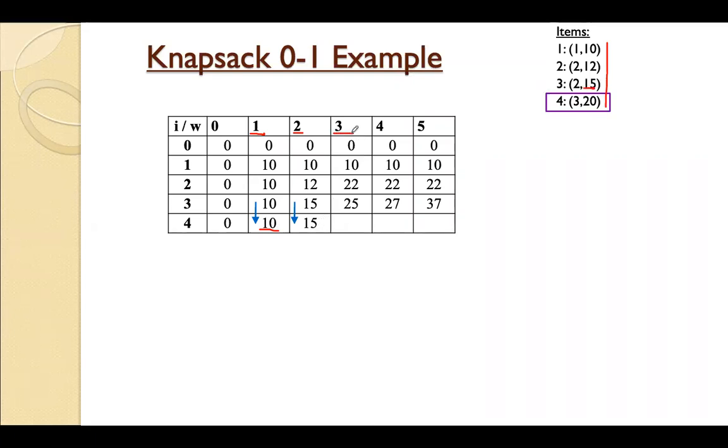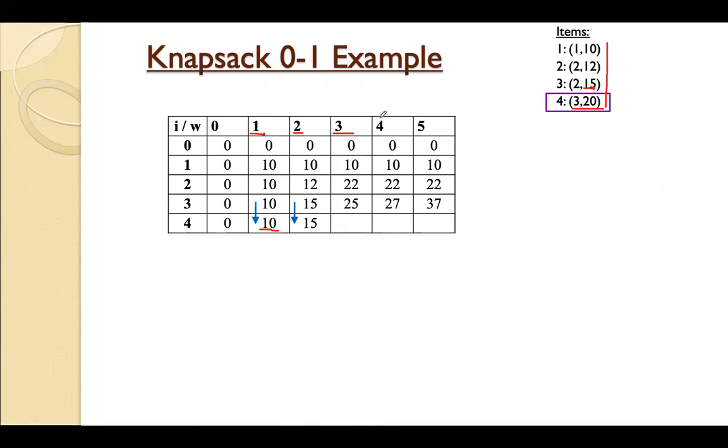When W is 3, in the previous case we considered these two items together and profit was 25. Are you going to take this fourth item, or will we write down this 25 value itself? What will you do in this situation?